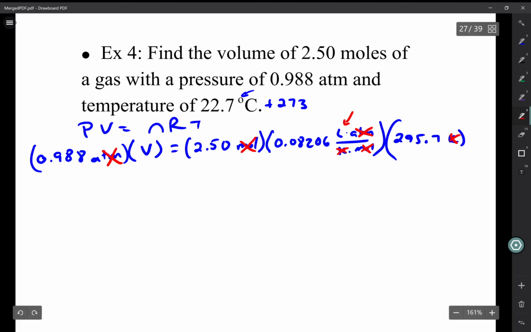So liters are the one unit you have left over. That's what you want here. So now you do all your calculations and get V by itself, volume by itself. 61.4, that's your number. And again, liters is the only unit left over. There you go, 61.4 liters. And that's how the ideal gas law works.